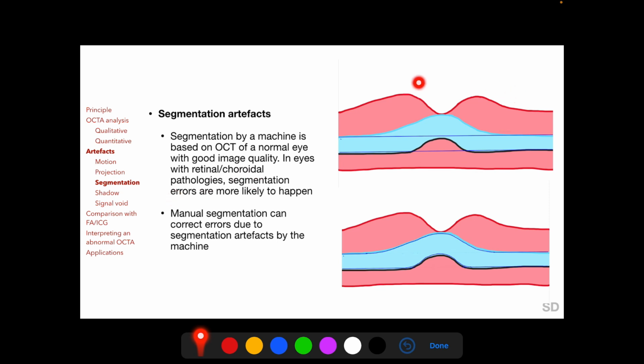So in this diagram we see that a localized choroidal elevation elevates the outer retina, and the attempt by the machine to segment the avascular outer retina has failed. And part of the choriocapillaris has been erroneously included in this failed attempt to segment the avascular outer retina.